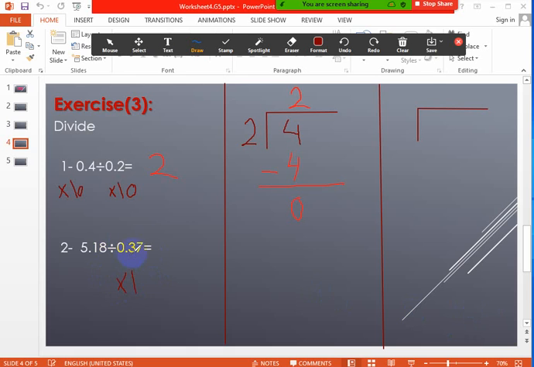How many digits after the decimal point do I have here? Look, Rinad, focus with me, please. I want you to count the digits after the decimal point. Just count the digits. Okay?